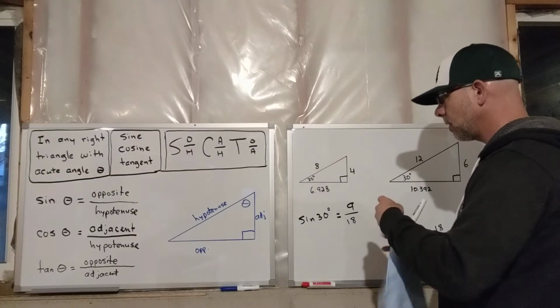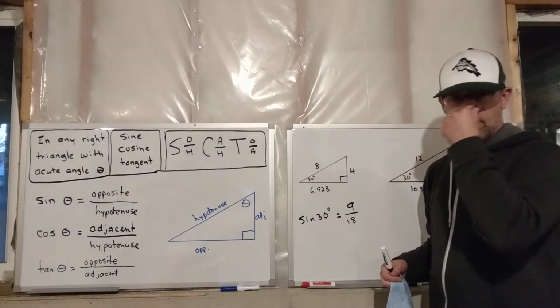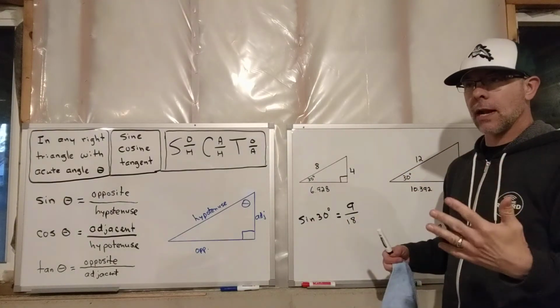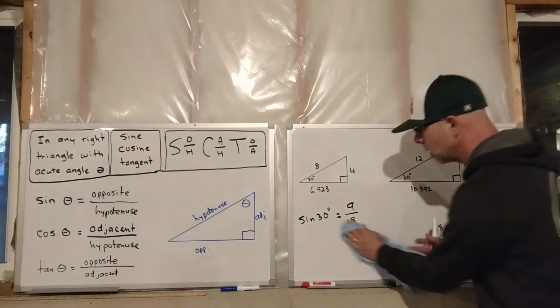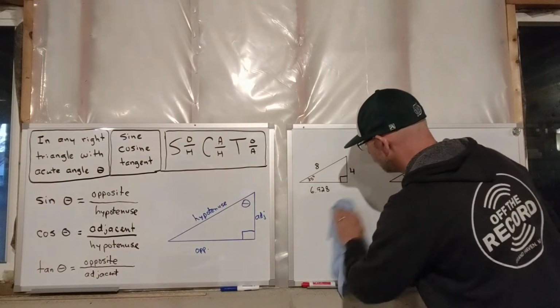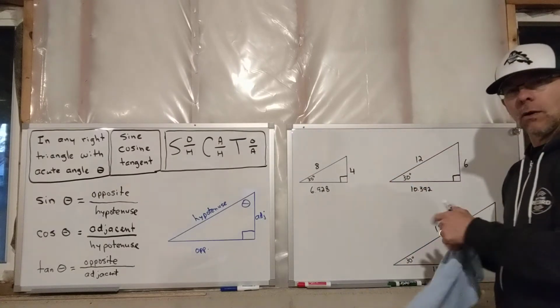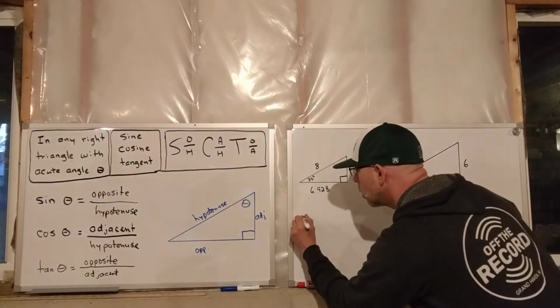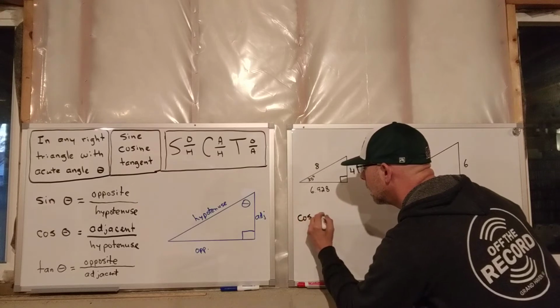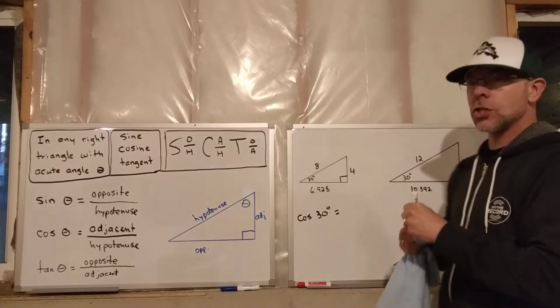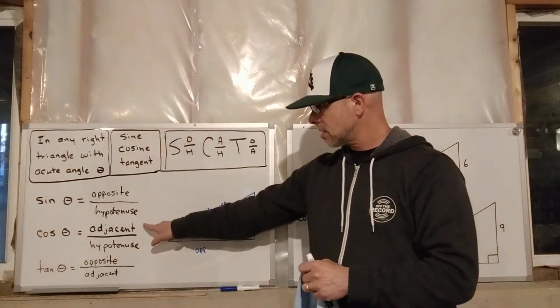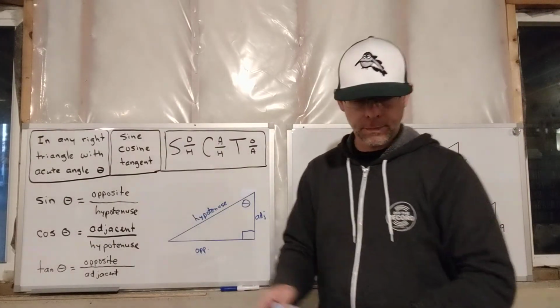What if, and see the nice part, I am going to erase stuff here, but you can pause this video and look at it a minute, replay it, rewind it, back it up, whatever you got to do. But now I'm going to check, well, what about cosine of 30 degrees? By definition, cosine is the adjacent side divided by the hypotenuse.